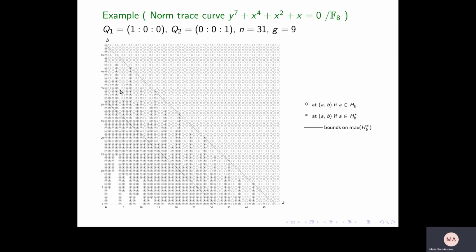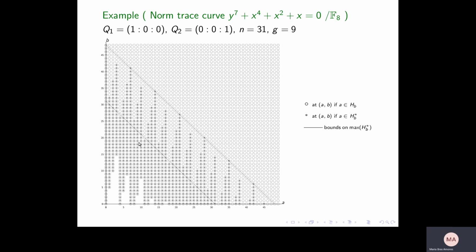What we can observe in this graph is, first of all, that all stars are included in circles. Another thing that we can observe is that we can draw two diagonals, and below the lower diagonal there is an exact coincidence of circles and stars.